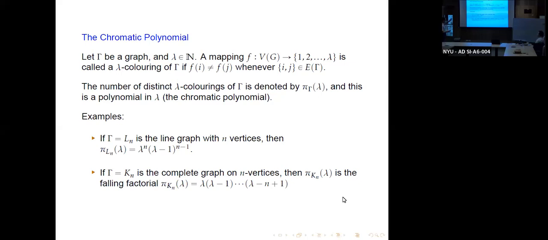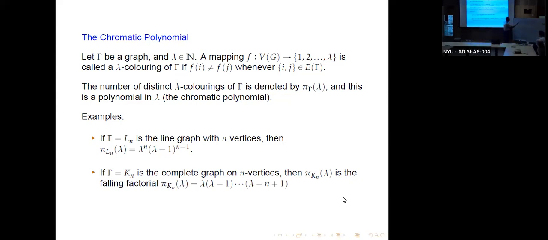The degree of the polynomial is the number of vertices, and it counts the number of ways you can color the graph with t colors.